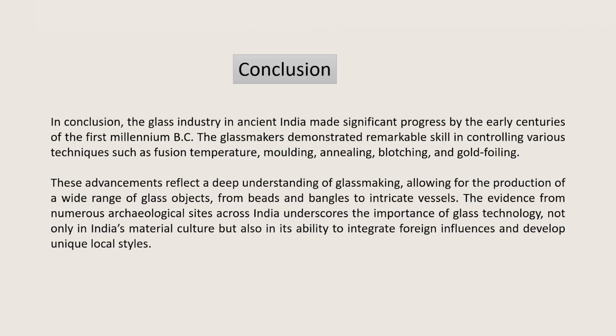So, on the basis of all this, we can understand from literary and archaeological sources that the glass industry in ancient India made significant progress by the early centuries of the first millennium BC.